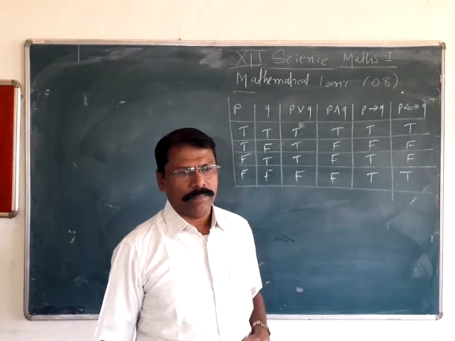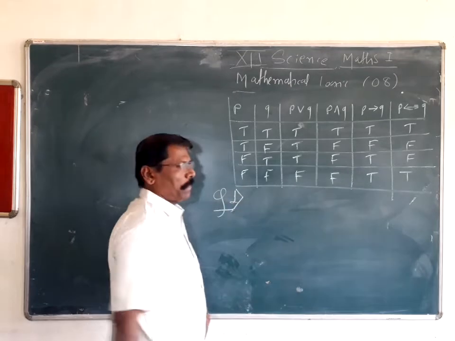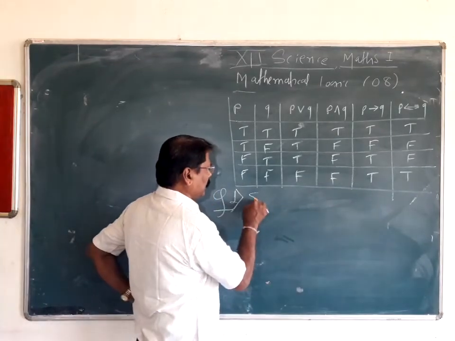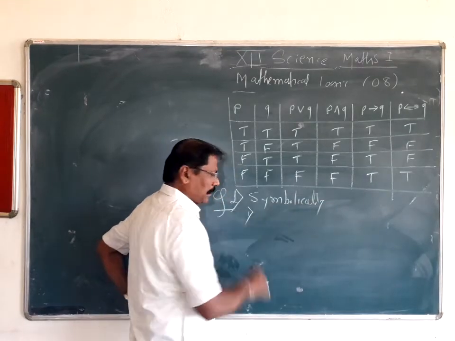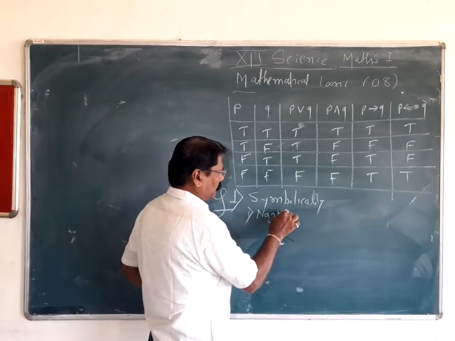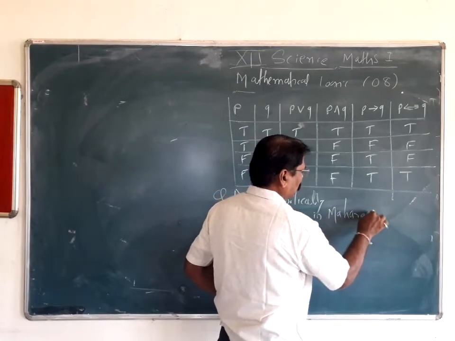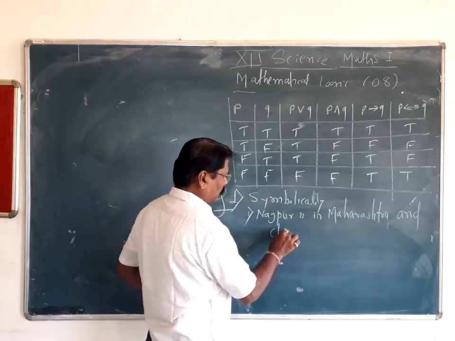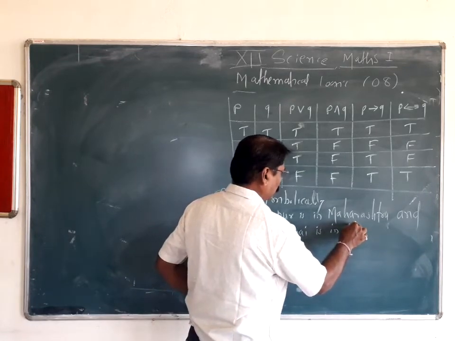Now I am going to take some examples. Question 1. Write the following compound statements symbolically. First: Nagpur is in Maharashtra and Chennai is in Tamil Nadu.